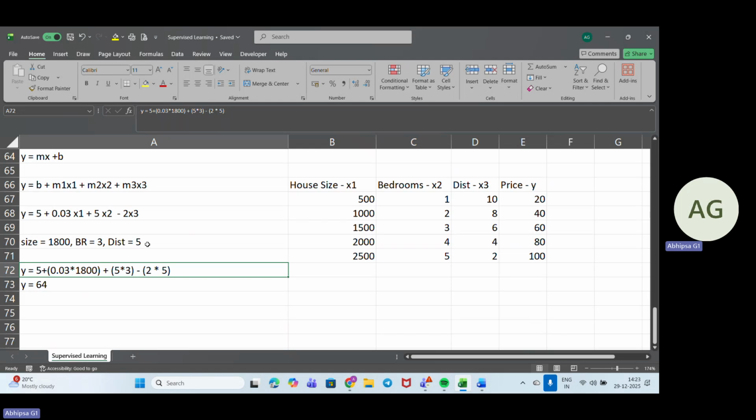So this distance might be the issue basically. So bigger the distance, lesser would be the demand and lower would be the price. Okay. So we have taken minus 2x3, like that we have taken it. Okay. So this is how you need to do it accordingly.